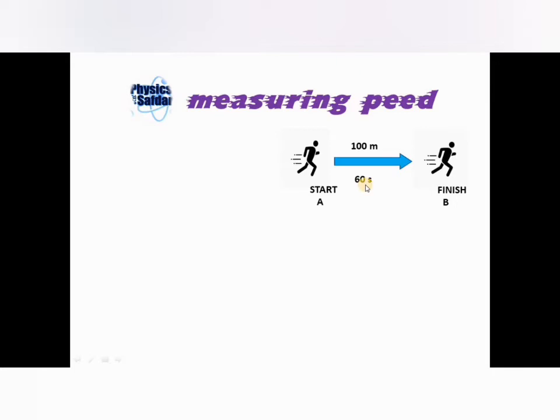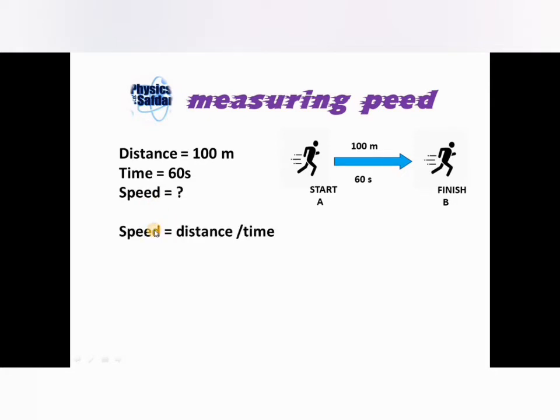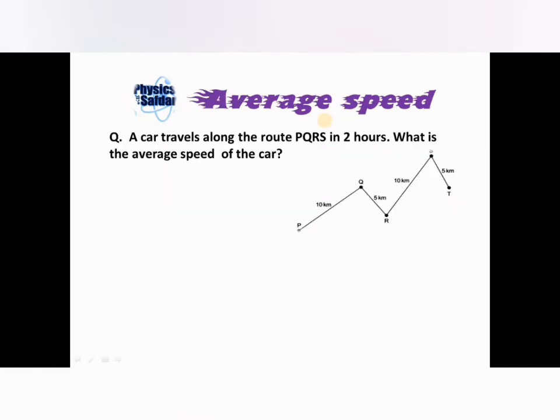If you want to calculate the speed, first you need to write what information we have: distance covered by the sprinter is 100 meters, time taken 60 seconds, and we need to calculate his speed. First you write the speed equation, that is distance over time. Put the numbers: distance is 100 meters, time is 60 seconds. Divide the numbers. Then you get 1.7 meters per second.